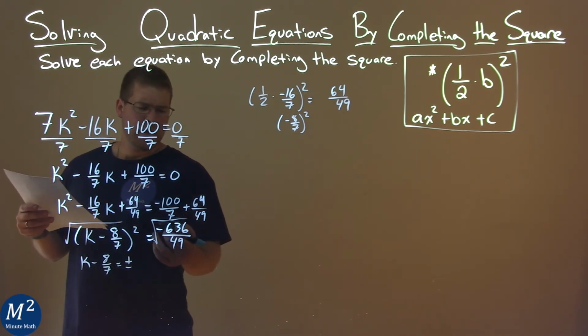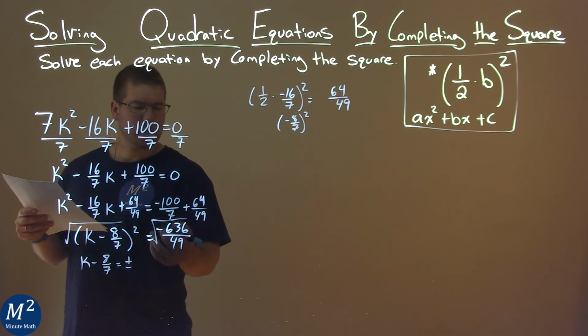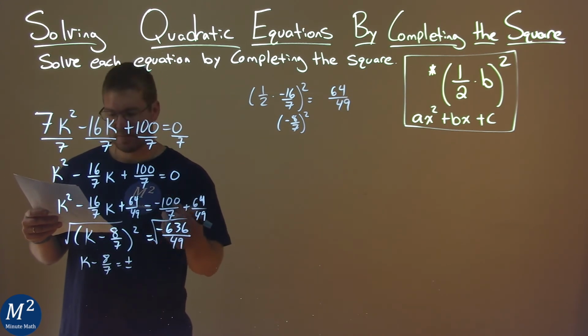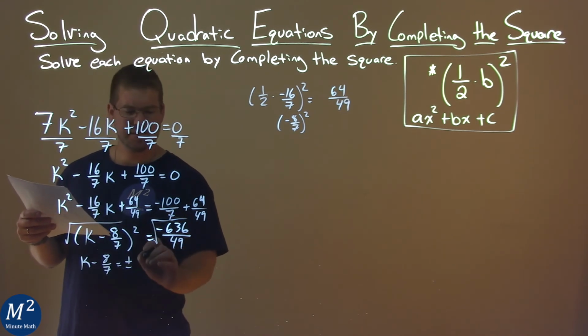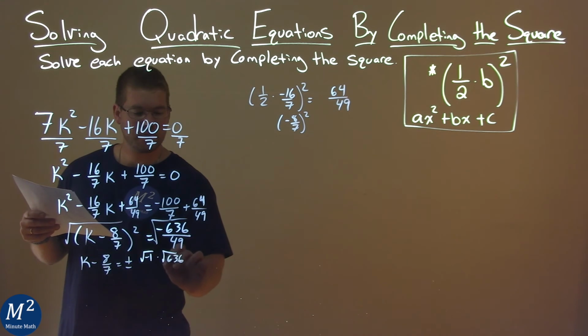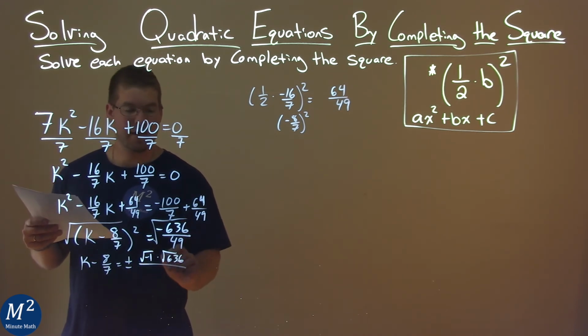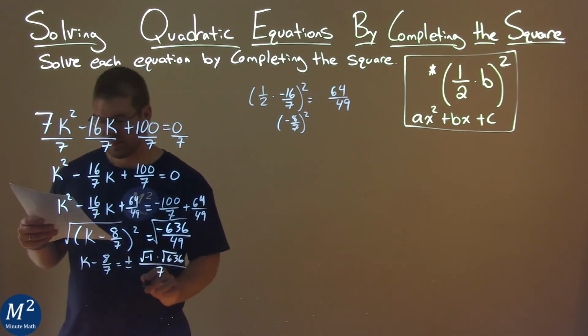Well, if it's a fraction, we can take the square root of the numerator and denominator individually. So the numerator, square root of negative 636, is the square root of negative 1 times the square root of 636, over the square root of 49, which is 7.